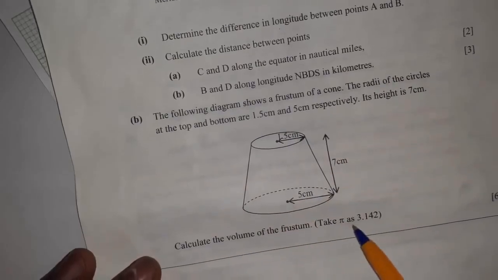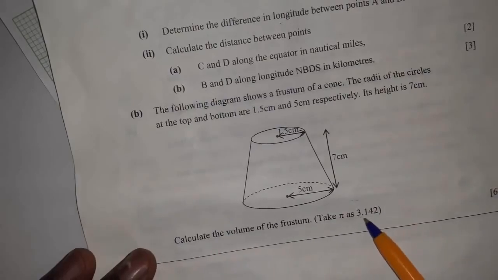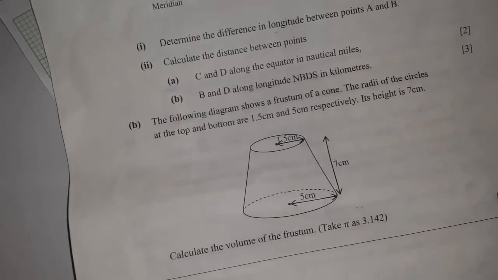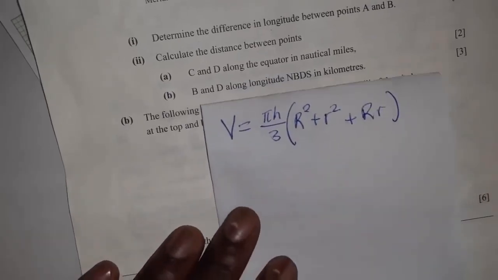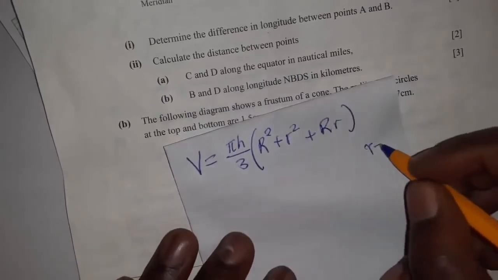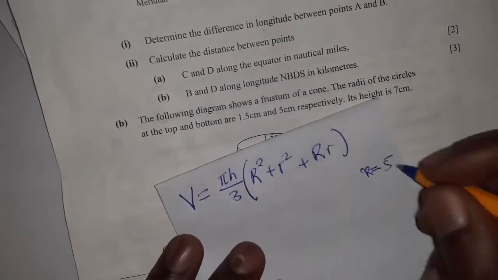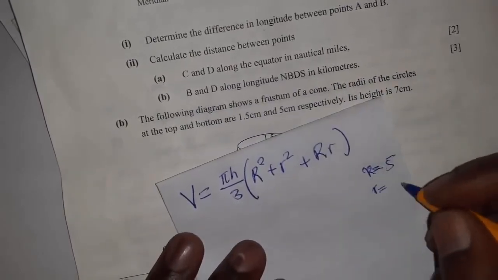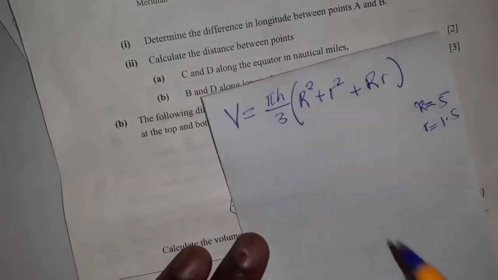Calculate the volume of the frustum, given that pi is 3.142. So here we're going to use this formula, where R is the radius of the bigger circle, which is 5, small r is 1.5, and everything else, this is height.